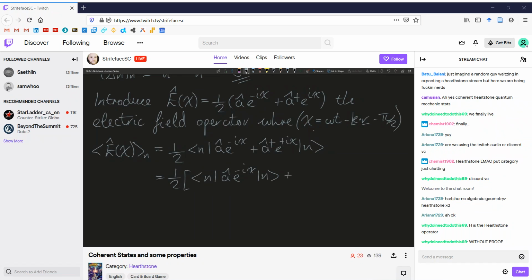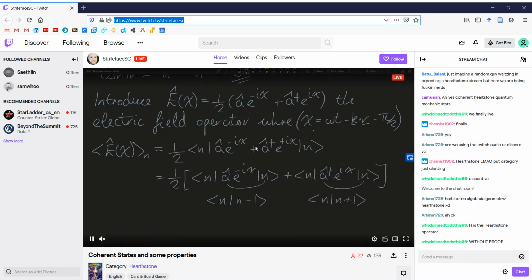Now, what we're going to do here is act a onto the ket state, and we'll act a dagger. We know the bra remains unchanged, but we do know that a is the annihilation operator, so it lowers the state by 1. Similarly, a dagger increases the state. Now, we know that these states are orthogonal, so this goes to 0, and this goes to 0.